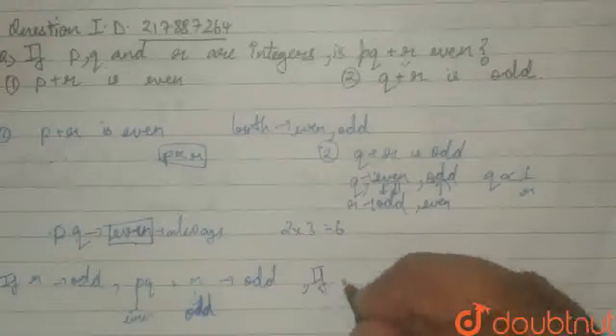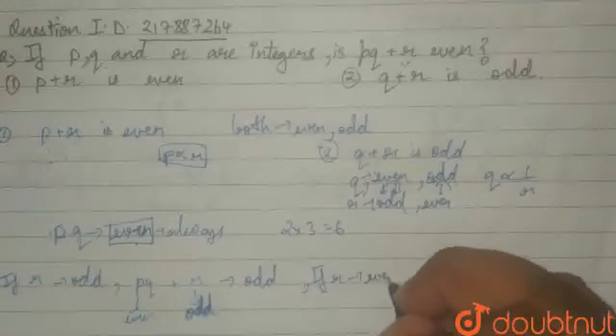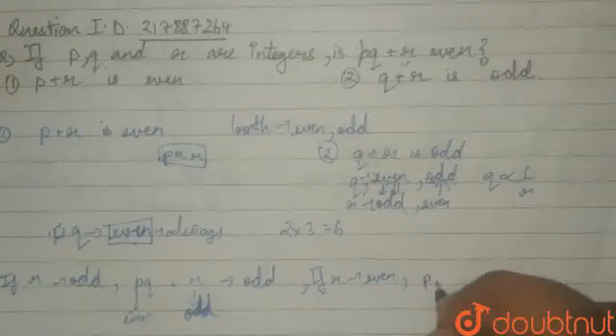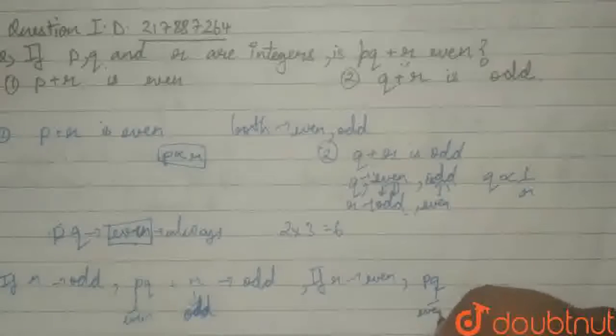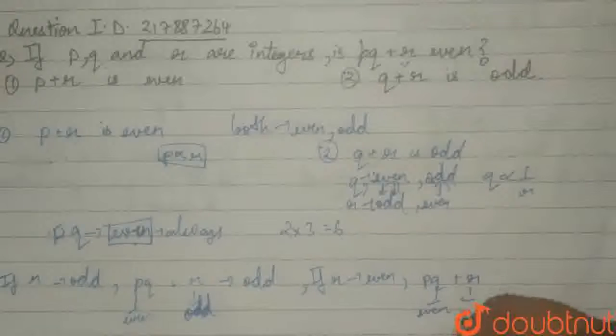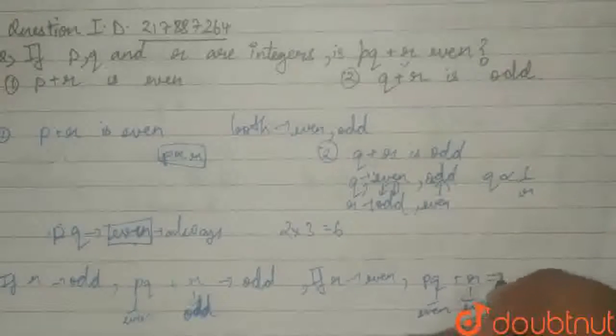And if R is even, PQ, which is even, plus R, even, is equal to even.